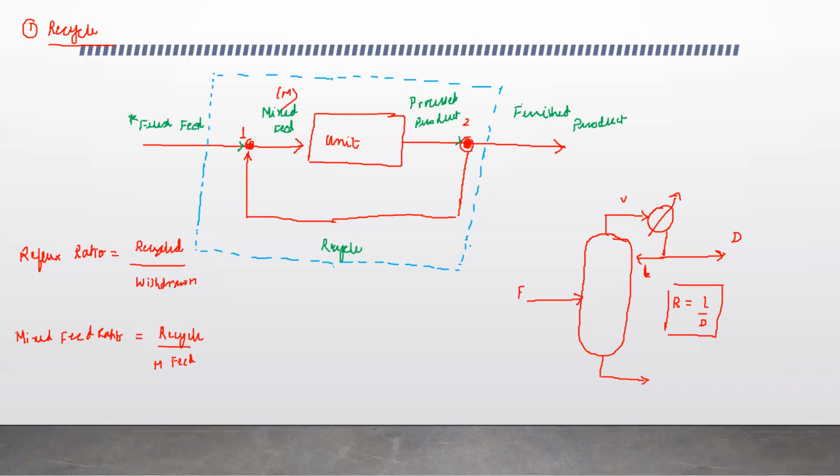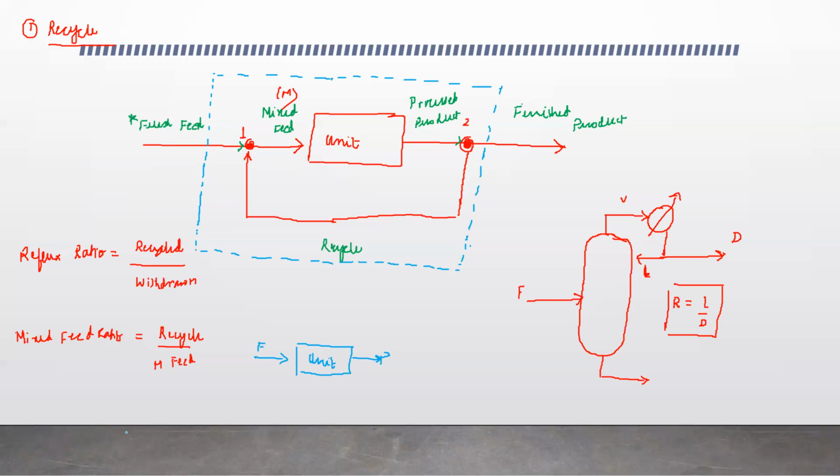You can enclose this entire system into a system boundary or a control volume, a fixed volume. So then you will have this entire unit. You will have fresh feed coming from here, and you will have finished product going out of here. All right. So one scope for material balance is this.